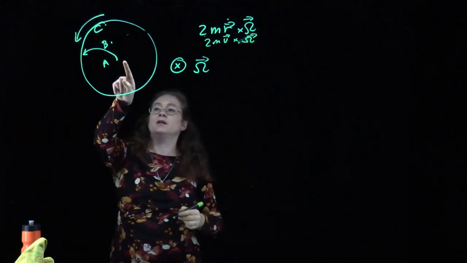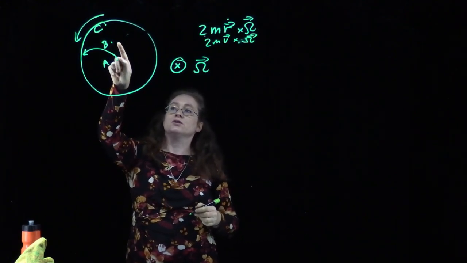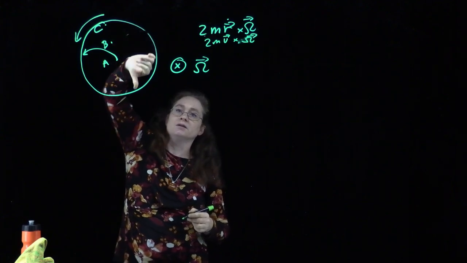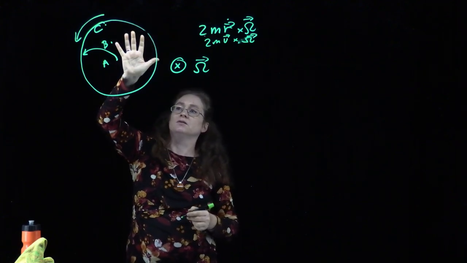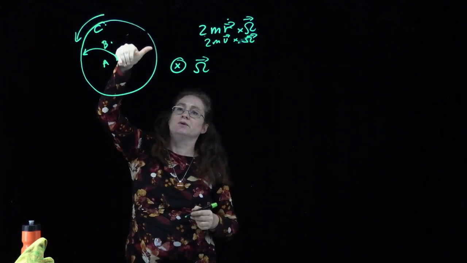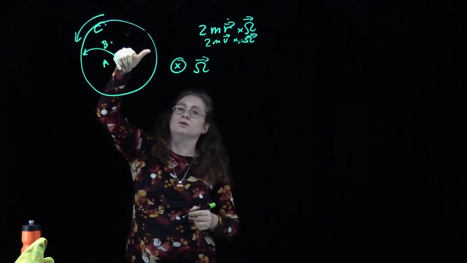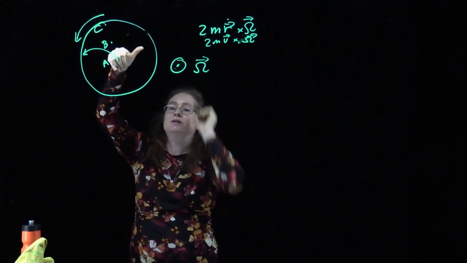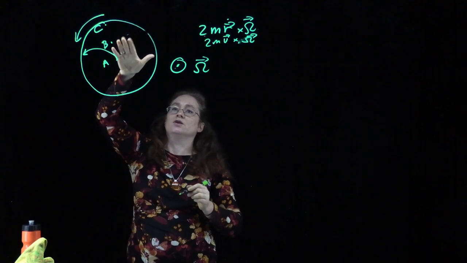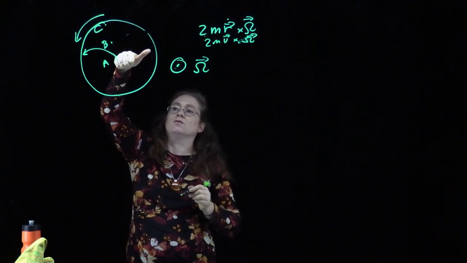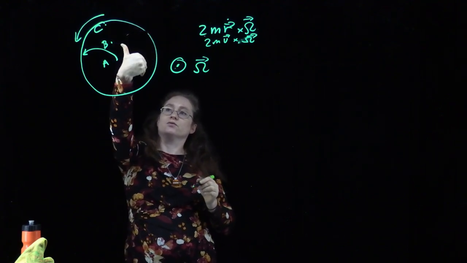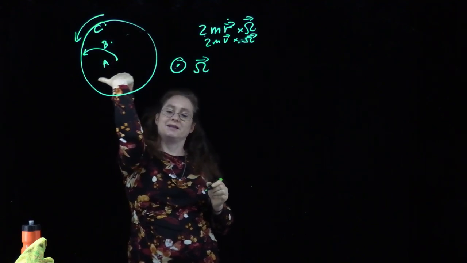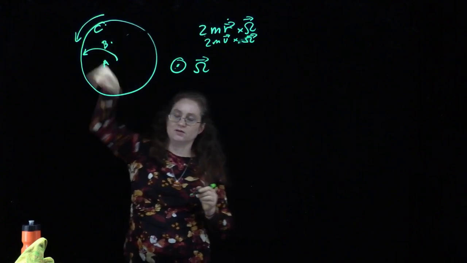And then v is in this direction, so I have v cross omega. I think omega needs to go that way. You're looking at omega. So v cross omega, v cross omega. It deflects it that way. So you see a deflection to the left.